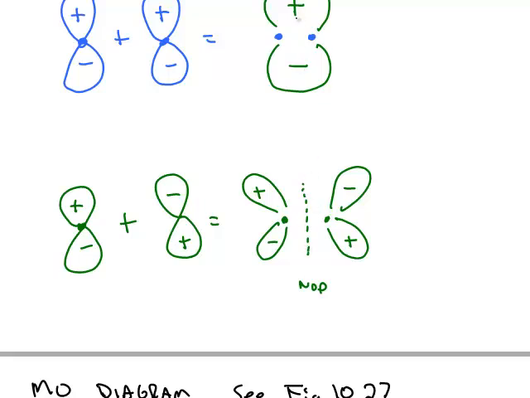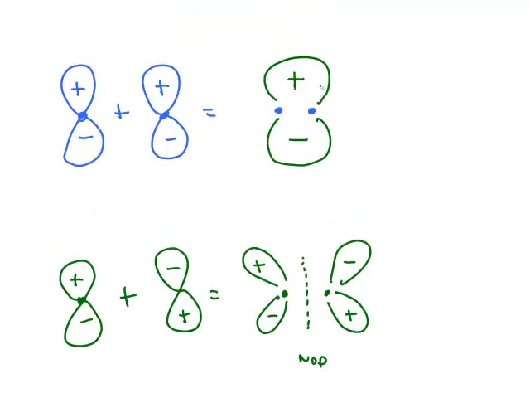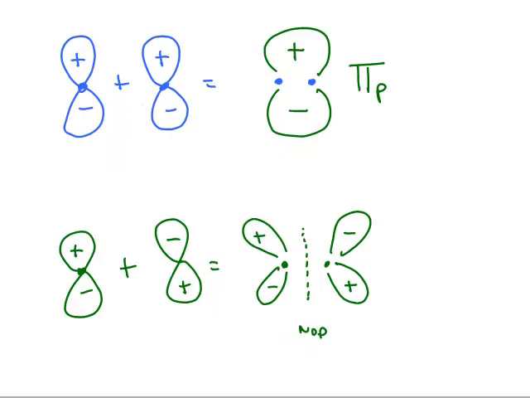There's no node that we created for the top picture, so that's good for bonding. But also notice that this is above and below the plane, so this would be a pi molecular orbital that came from mixing p orbitals. So this would be a pi, a bonding p molecular orbital, and the picture at the bottom is an anti-bonding, a pi star molecular orbital.